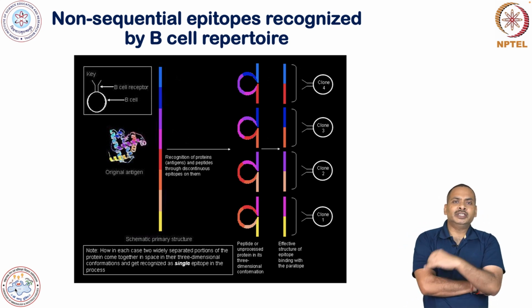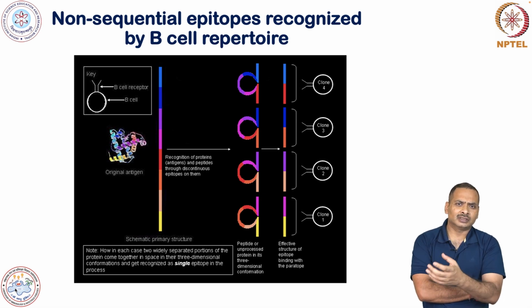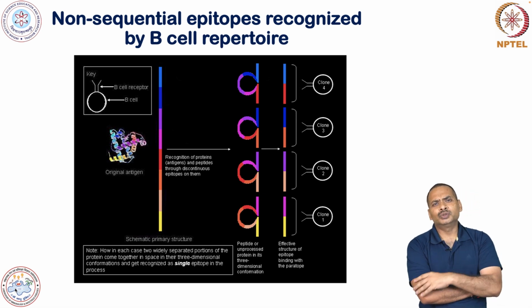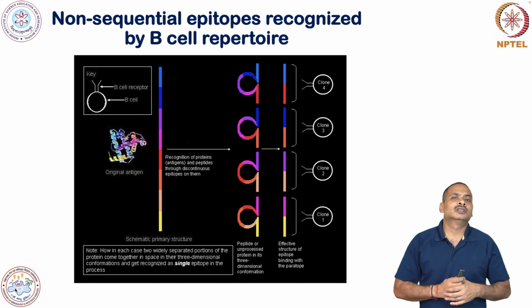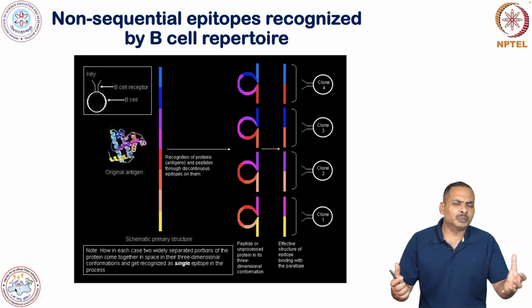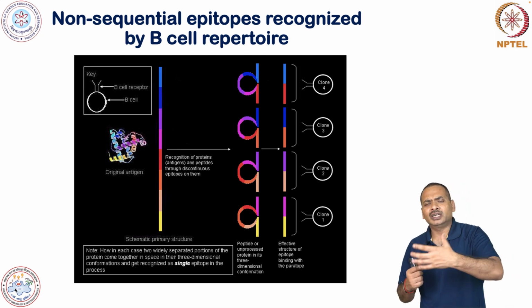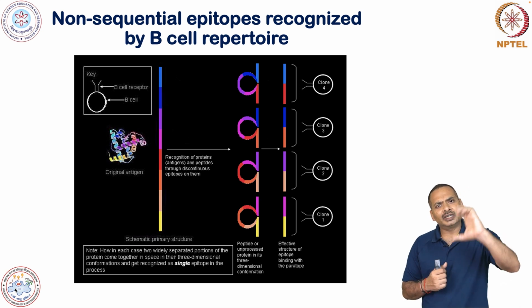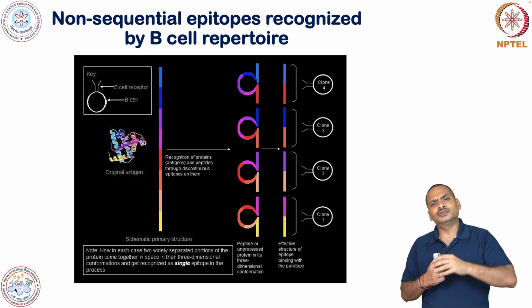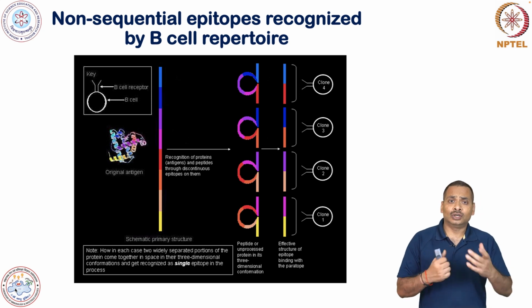So in general, the protein which is inducing the immune response, particularly antibody response, the antibody is basically a repertoire of B cells which are producing antibodies, and these antibodies recognize both kinds of epitopes, the sequential as well as non-sequential.